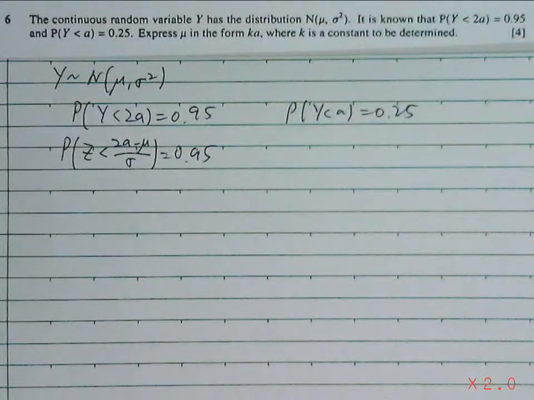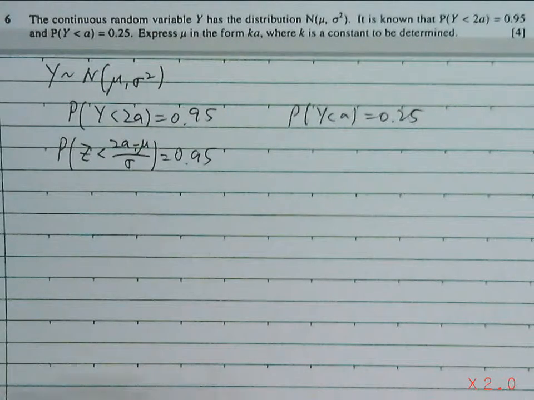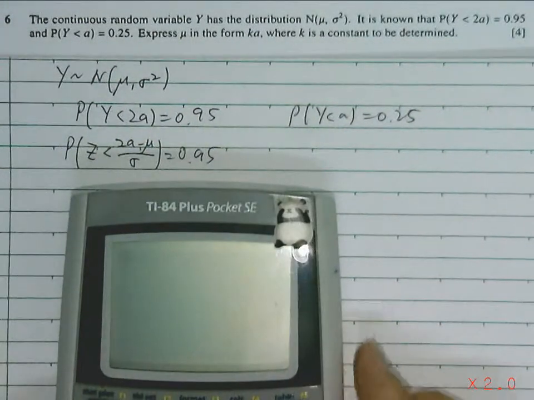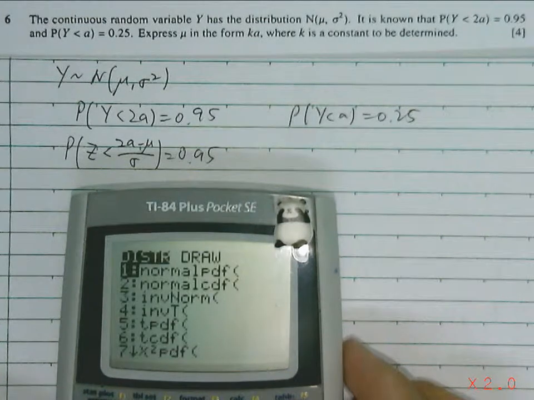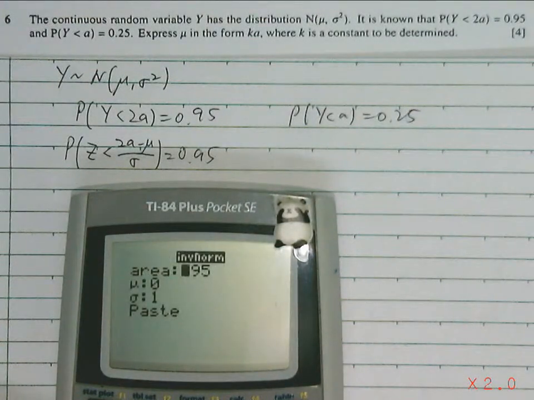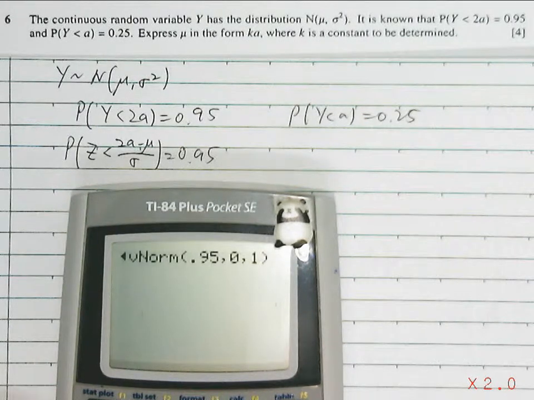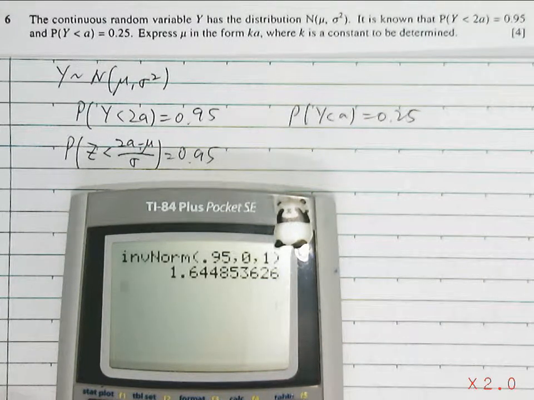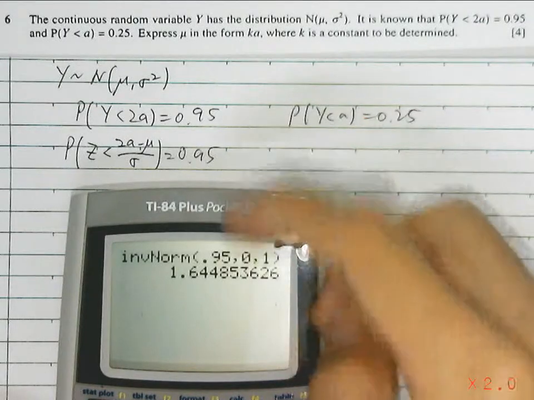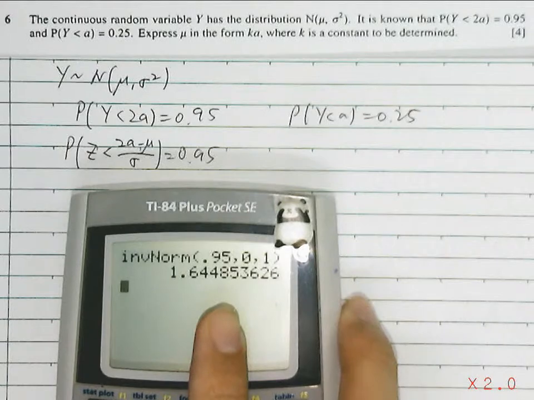So up to this point, we can use our inverse normal from our GC. Alright, we can go to distribution, inverse normal. Our area is 0.95, and since it's standard normal, the mu will be 0, sigma will be 1, and we can find that z must be less than 1.64485.